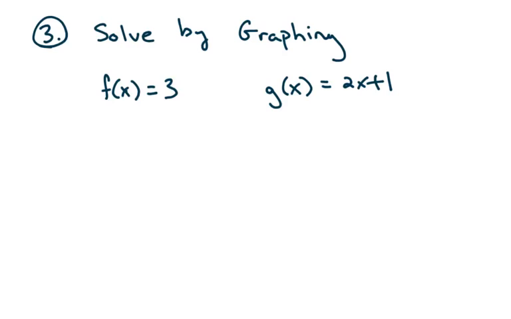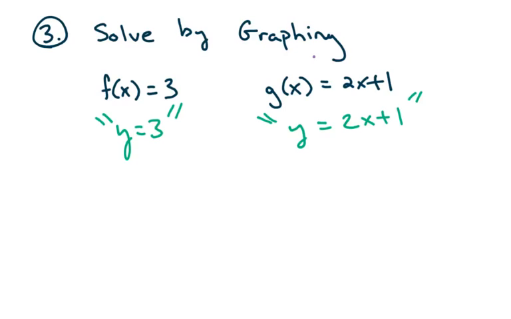So the next question is solve by graphing f of x equals 3 and g of x equals 2x plus 1. So what I want to stress here is that instead of calling this y equals 3 and y equals 2x plus 1, we call f of x equals 3 and g of x equals 2x plus 1. But this just means one of your graphs is y equals 3 and your other graph is y equals 2x plus 1.